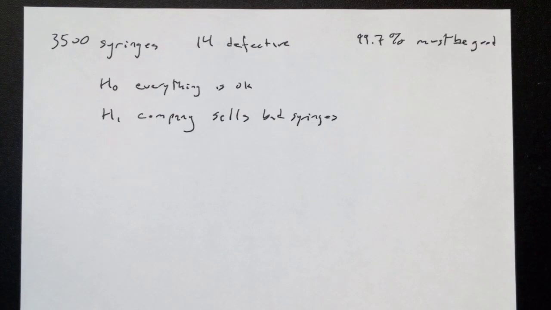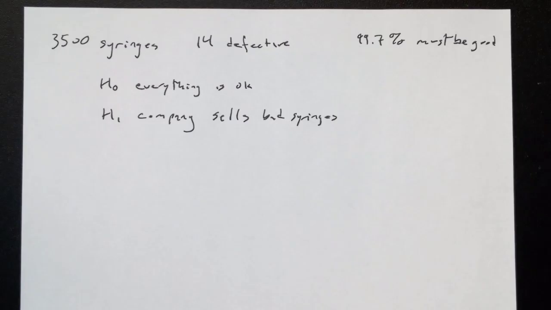Now, we were told in the problem that 99.7% of the syringes needed to be good. We found 14 defective ones. I used the normal distribution. We had an assumption that these were normal.